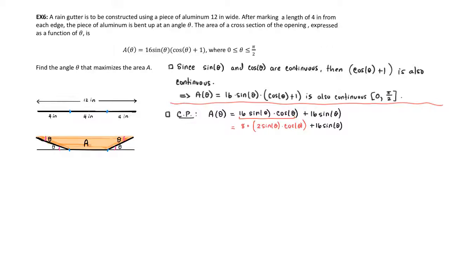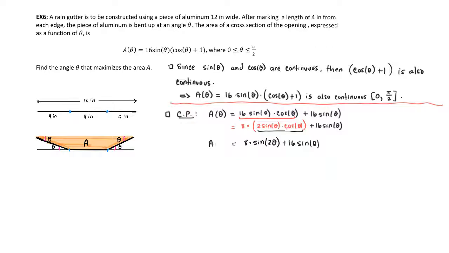And the reason why I wanted to rewrite it as 8 times 2 is because now this expression right here, using a trig identity, will simplify to sine of 2 theta. So now I can write this nicely as 8 times sine of 2 theta plus 16 sine theta.